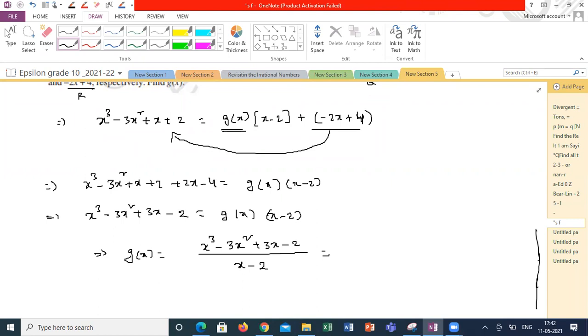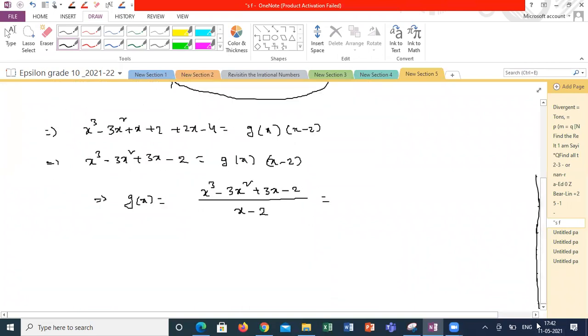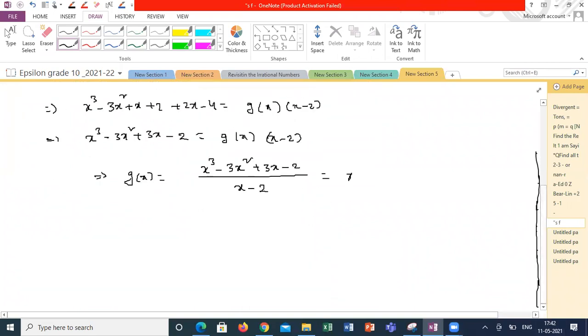Anyone got the answer? Sir, the answer is x square minus x plus 1. Which method did you use? Sir, the long division method.